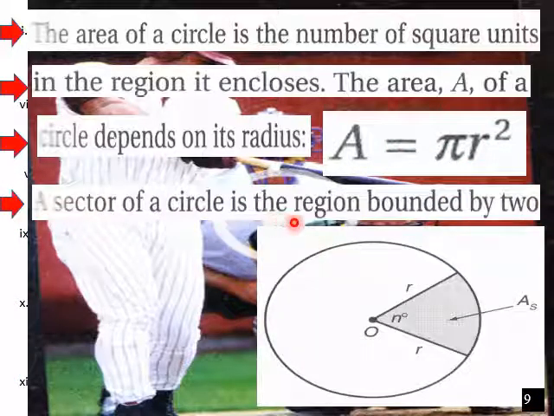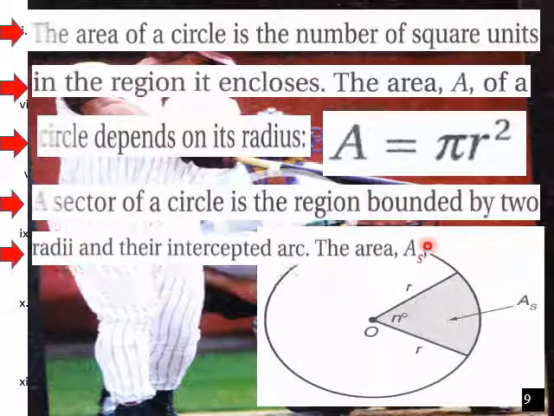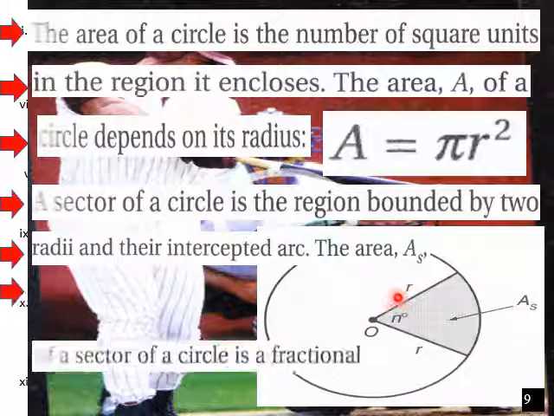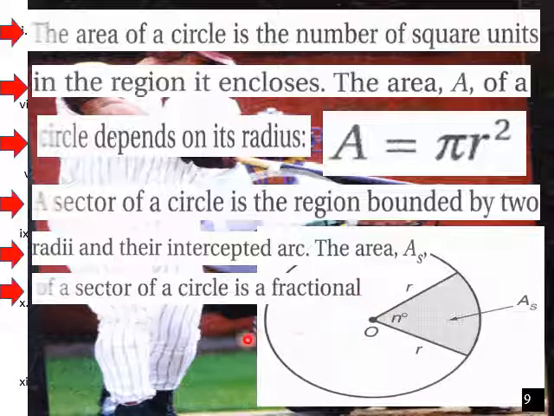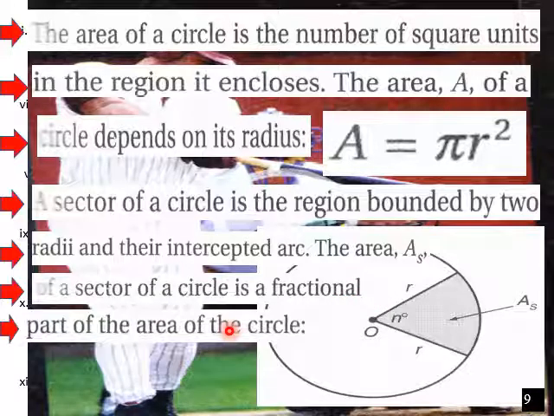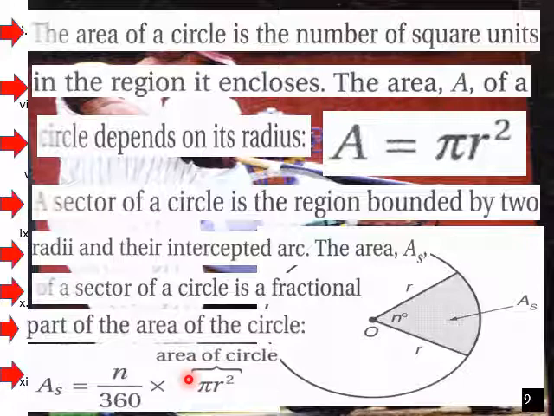A sector of a circle is a region bounded by two radii and their intercepted arc. So for this sector, you have a radius here, this is the intercepted arc, and then the area of this sector. The area of a sector of a circle is a fractional part of the area of the circle.